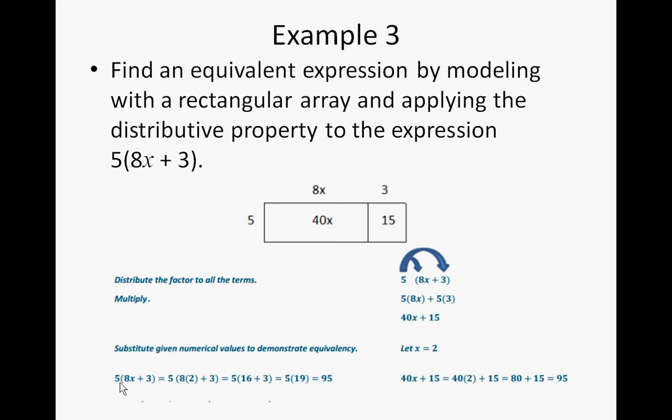Or the other way, 5 times the quantity of 8 times 2 plus 3, which is 16 plus 3, which is 19, and 5 times 19 is 95. So notice that both of these are the same. So since both equal 95, the expressions are equal.